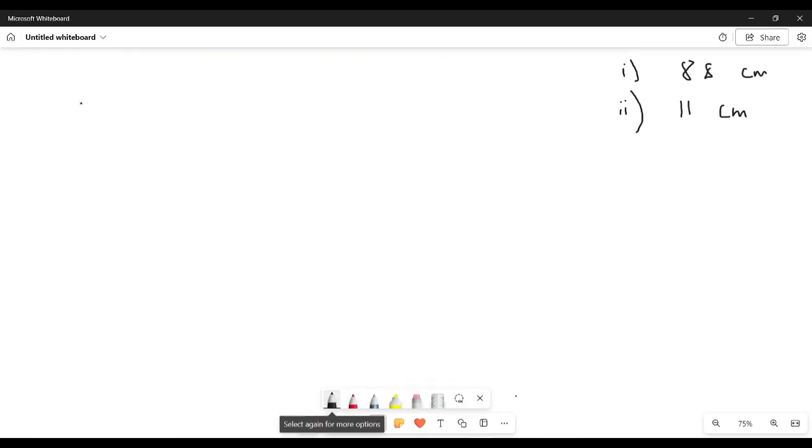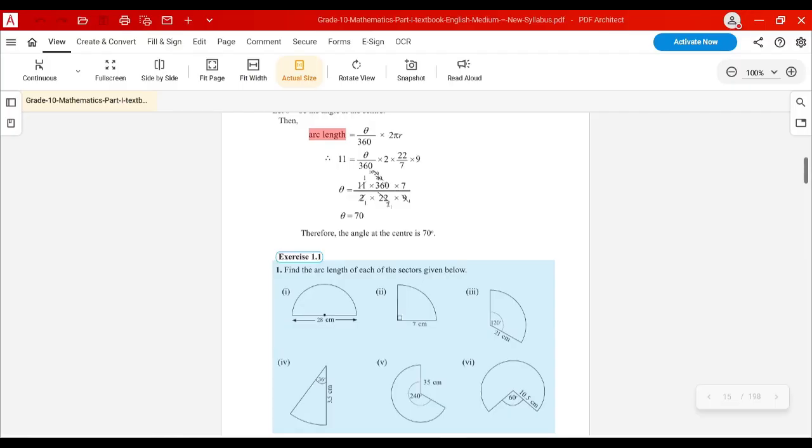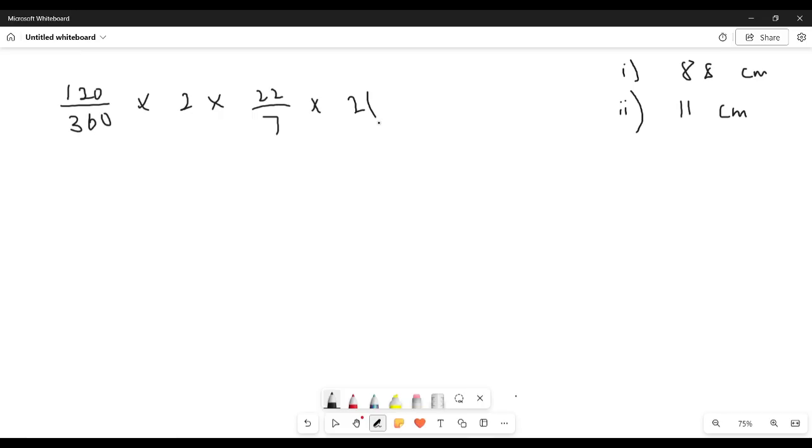So let's fill in, I'll just fill it directly so I can save time. 120 over 360 into 2 into 22 over 7 into what was the radius? 21, right?